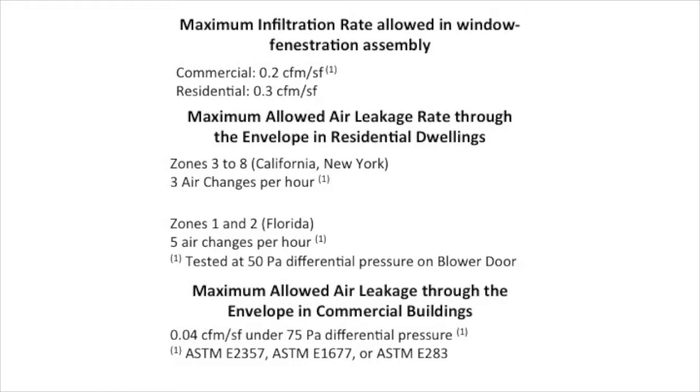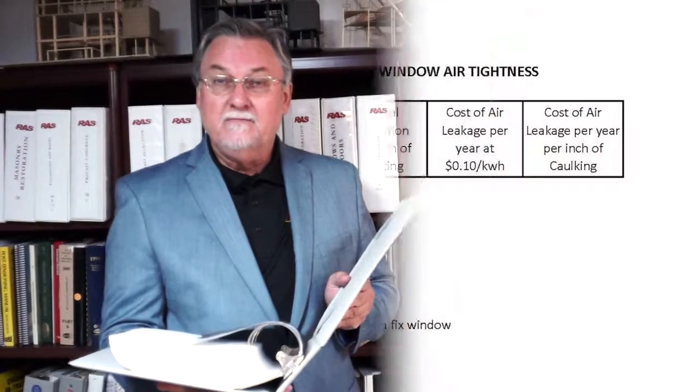The maximum allowed air leakage rate through the envelope in residential buildings varies in California and New York, with Florida allowing a higher rate. The maximum allowed air leakage through the envelope in commercial buildings was set by the codes at 0.04 CFM per square foot. And let's do the math.